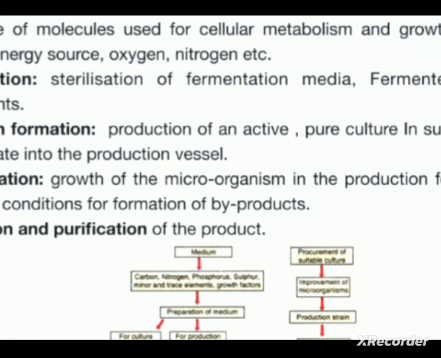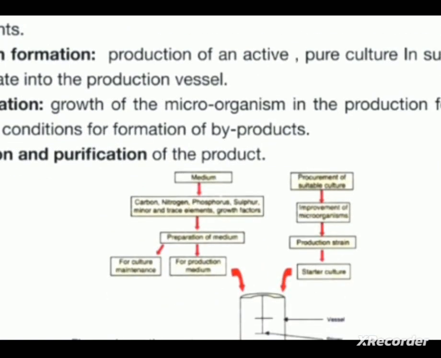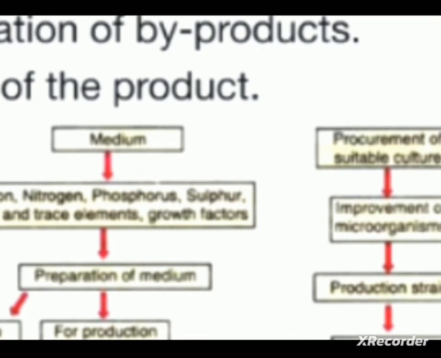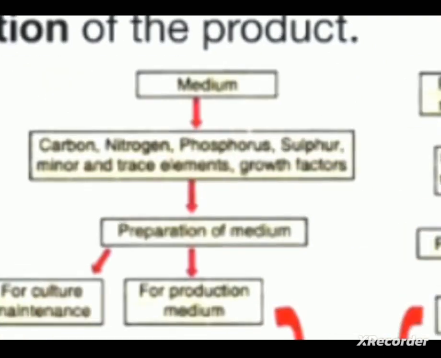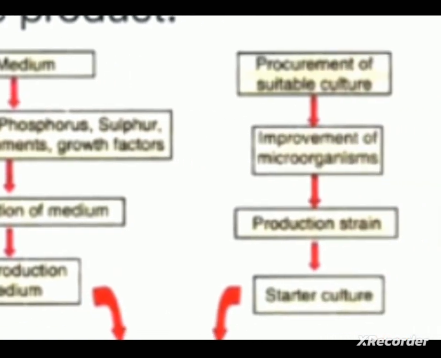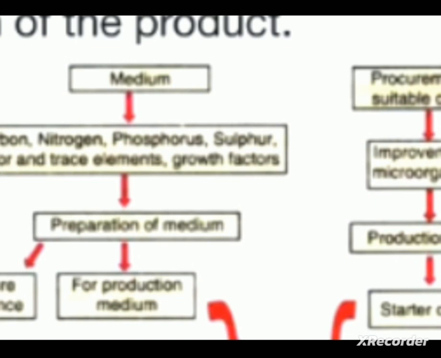What product we desire should be extracted and purified. Impurity should be discarded, and the pure form should be collected. This is the flow chart you can see on the screen, which we have already discussed.